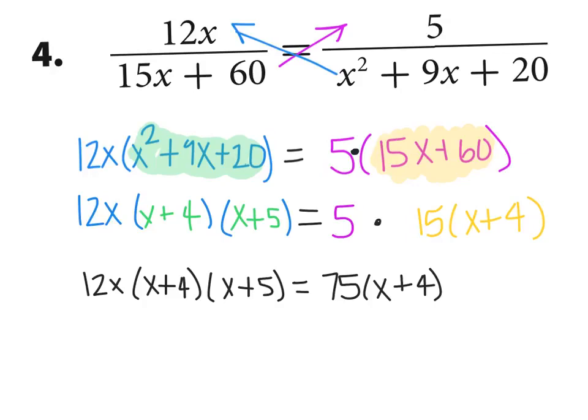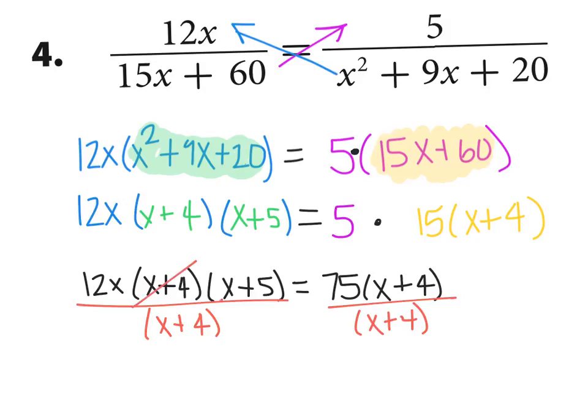But the reason I say that is because that's why these x plus 4s cancel: I can divide this by x plus 4 if I want to. Why not? I can do whatever I want. But if I did it to the right side, what do I have to do? So I have to divide the left side by x plus 4. And why does that benefit me in this problem?